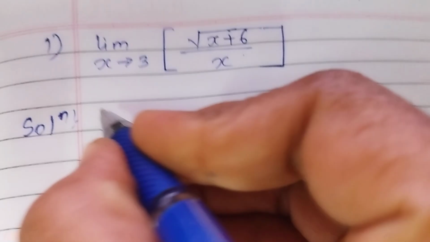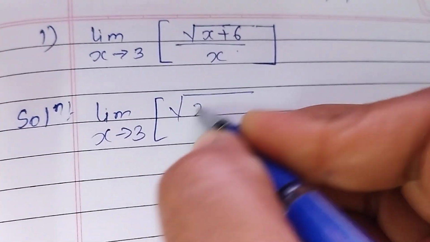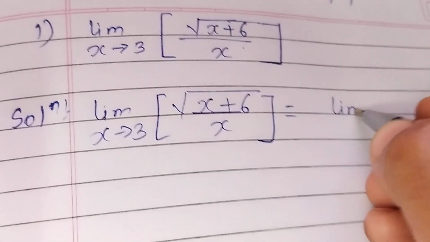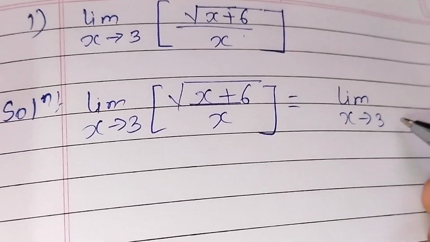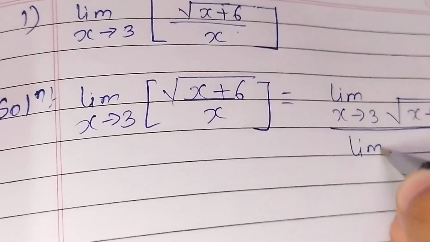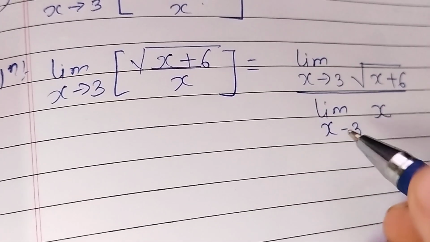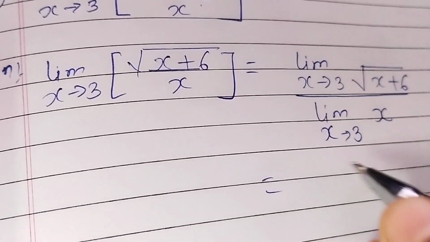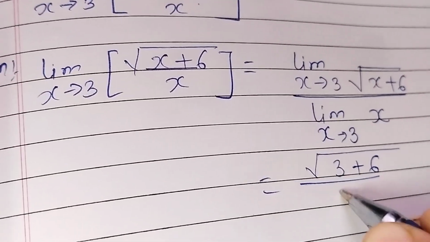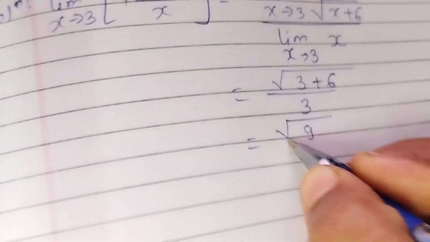Solution: limit x tends to 3, under root of x plus 6, upon x, is equal to limit x tends to 3 under root of x plus 6, upon limit x tends to 3 of x. Applying the limit x equals 3, it is under root of 3 plus 6 upon 3. So under root of 3 plus 6 is 9, upon 3.